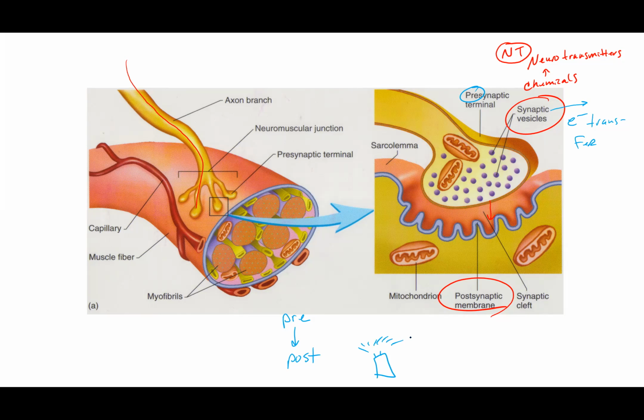If I am holding the taser, I am the presynapse. If I make contact to skin, to tissue, that is now transferring the energy into that tissue, so that would be the postsynapse.